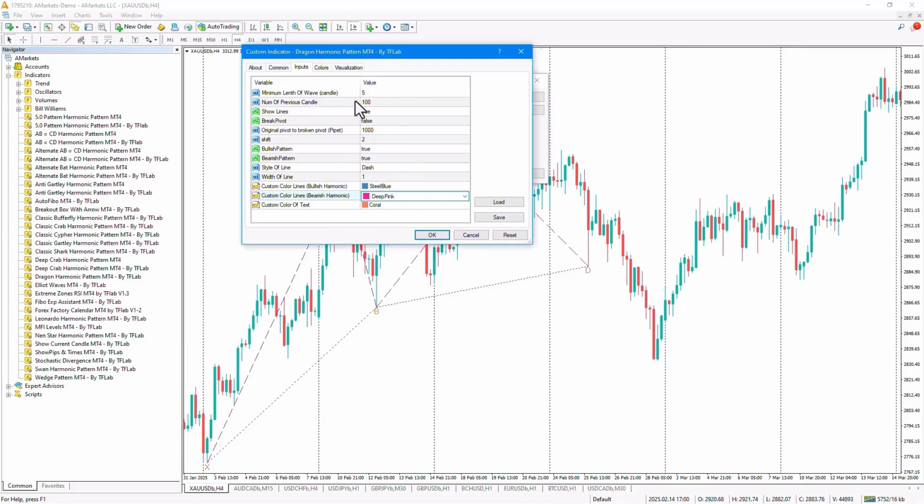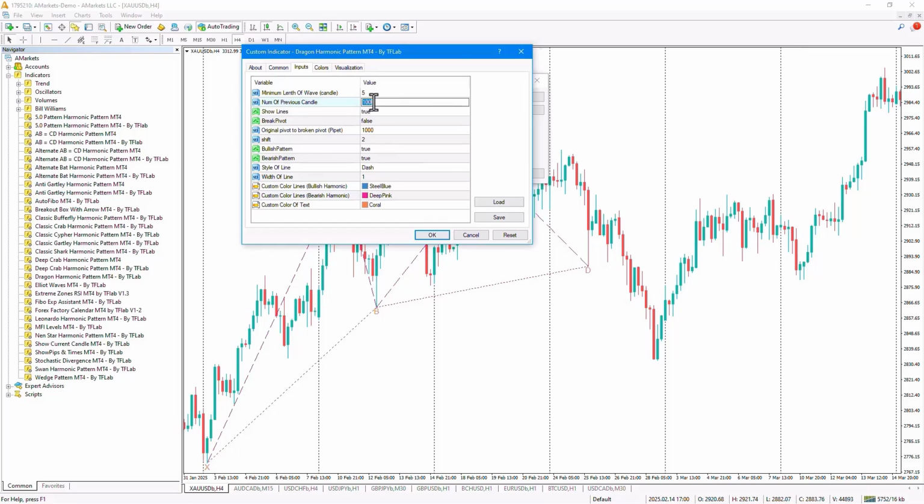Please note that in MetaTrader 5, the first two options are based on pivots. In the second section, the identification of Fibonacci ratios and labels is examined based on pivots.